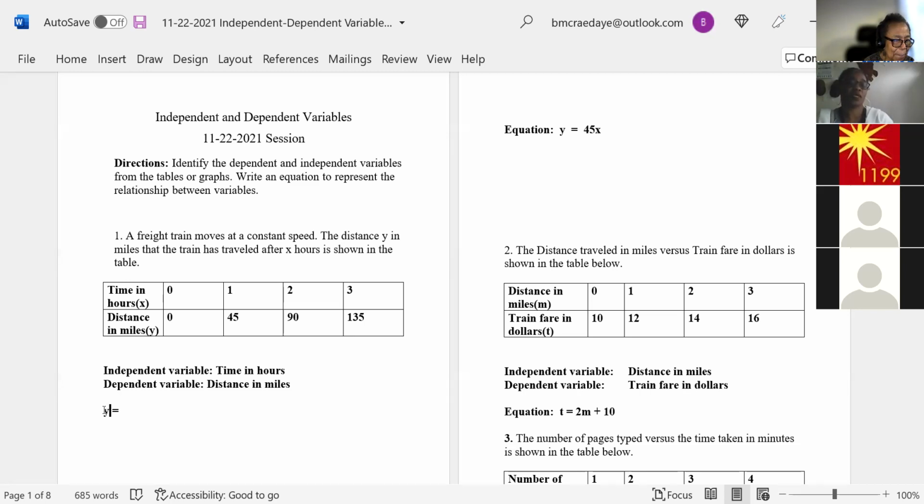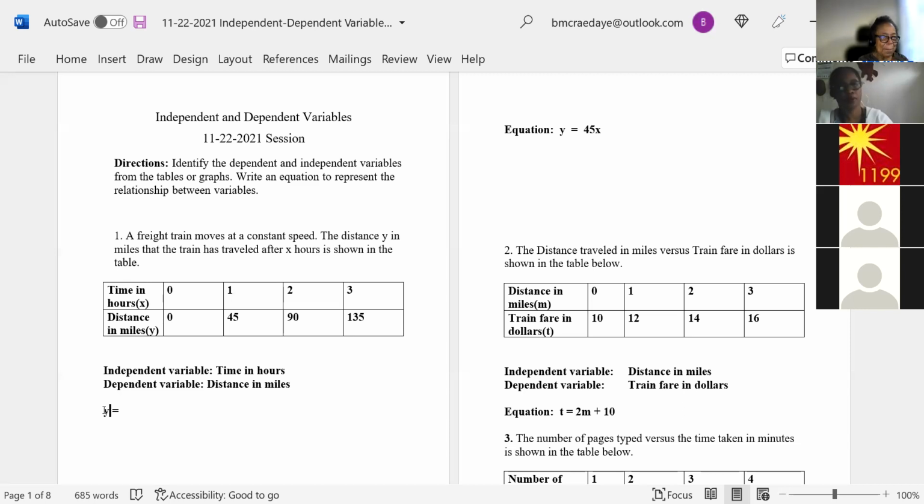How is the dependent variable, distance in miles, related to the time in hours?